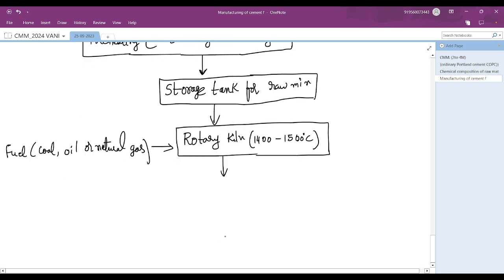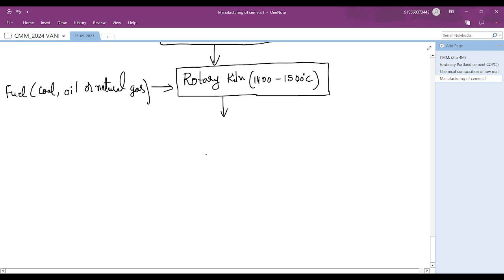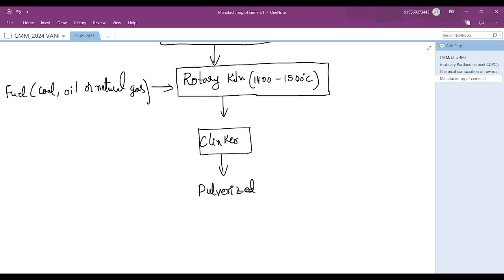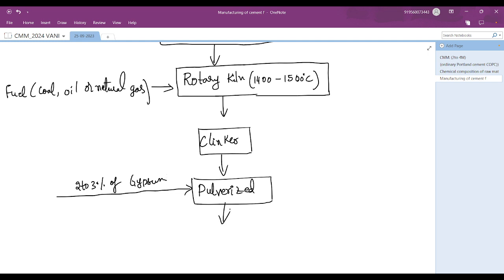From the rotary kiln, clinker is obtained. Now this clinker has to be pulverized, right? During pulverizing, we add gypsum. Then cement is formed.